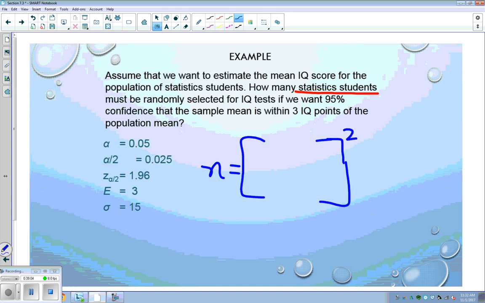Z at alpha divided by 2 on your formula sheet. I'm trying to find it. Okay. So it's the one under Chapter 7, which is sample size determination. N is equal to that, and we're going to take Z of alpha divided by 2 times the standard deviation divided by the error.